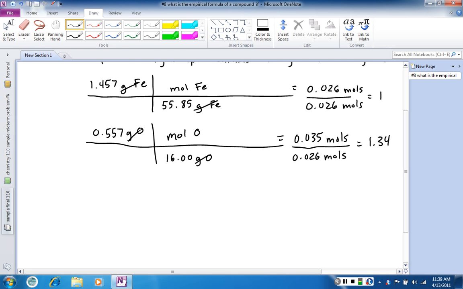If you multiply it by 3, you end up with 4. The top one is easy because you're already at 1, and any other number you multiply it by will just make it larger. So multiply this by 3 to get 3. Multiply this by 3 to get 4.